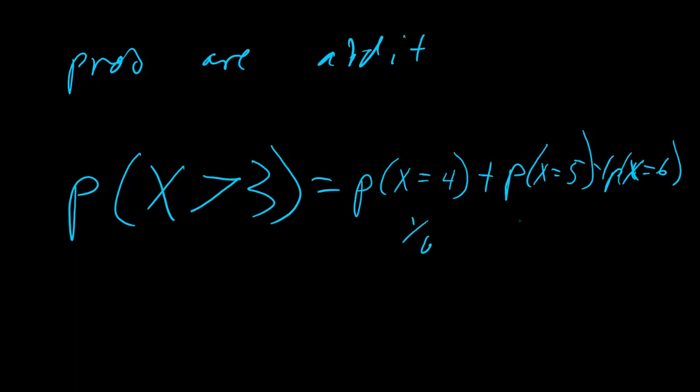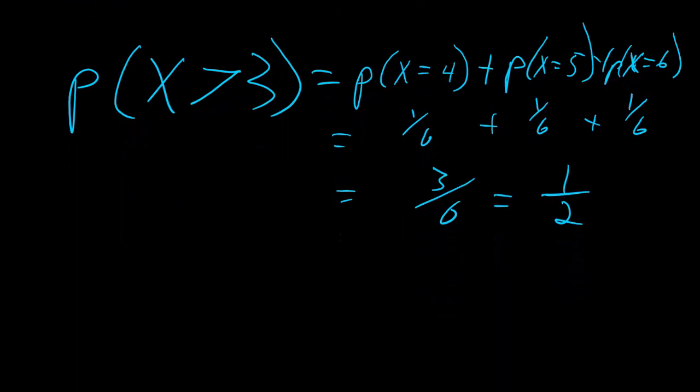And since these are all 1/6, 1/6, and 1/6, I can add all of those together to get 3/6, which obviously equals 1/2. So what is the probability of rolling a number greater than 3? It is 1/2, or 50%.